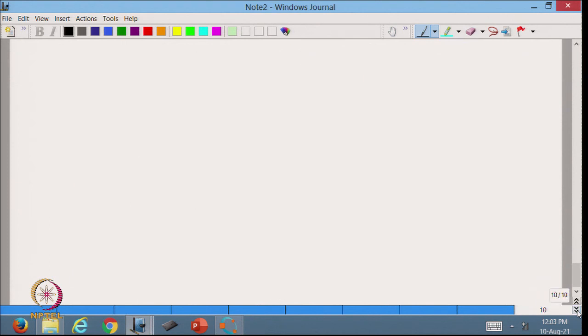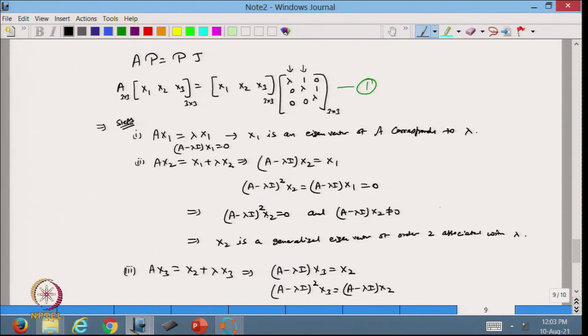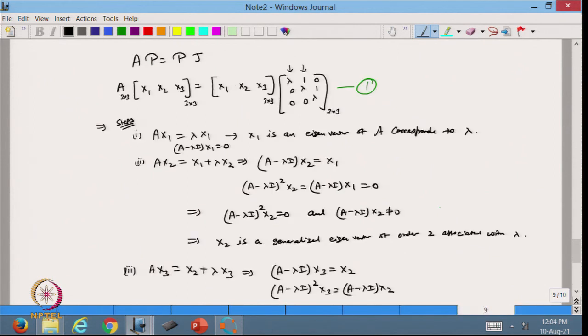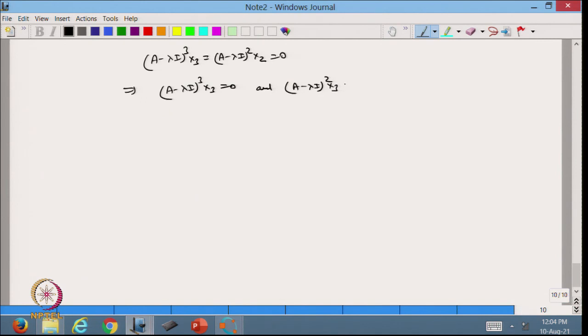So again I will write this one, multiplying both sides by A minus lambda I cube. So I can write (A minus lambda I) square x2, and now (A minus lambda I) square x2 is 0. So this gives me 0. So from here I can say that (A minus lambda I) cube x3 is 0 and (A minus lambda I) square x3, that we have already seen, is not 0.